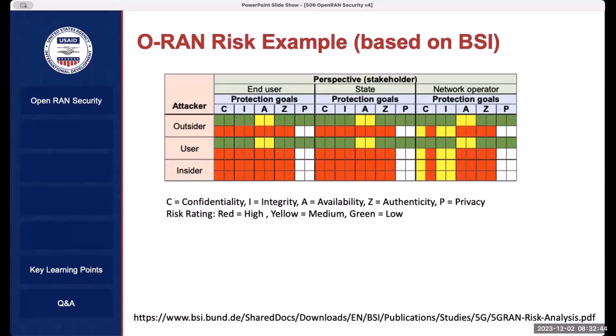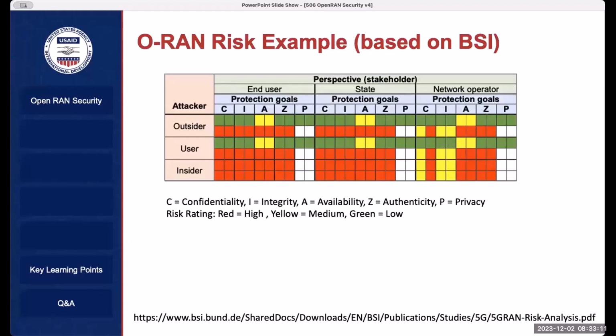But if you look at this basic table, if it was an insider, an insider could easily attack the end user, the state, and most components of network operators. But again, it's most likely that they just don't have direct access to other systems that could impact confidentiality and integrity.